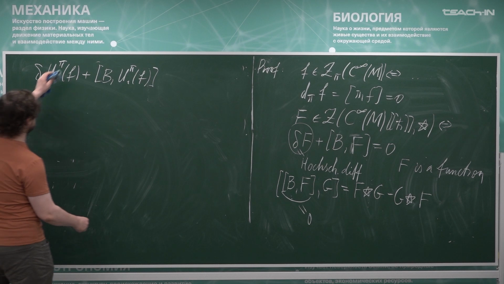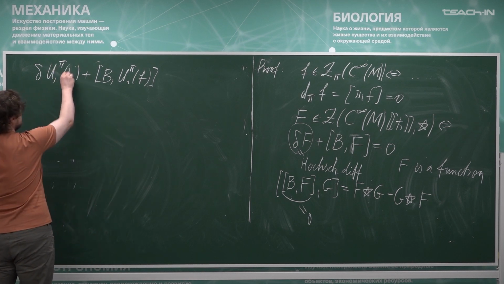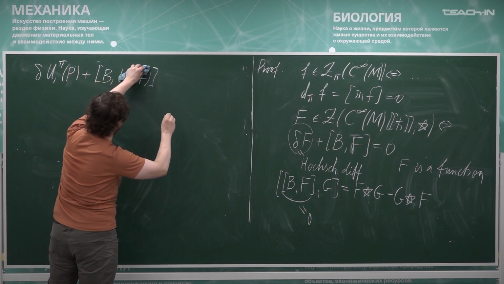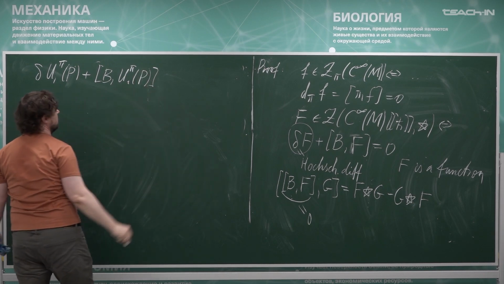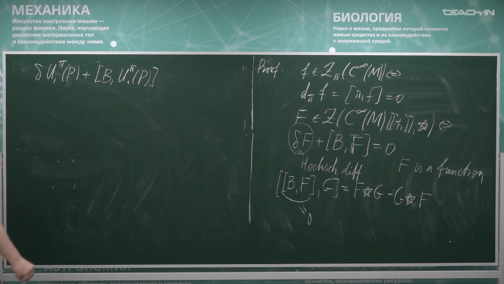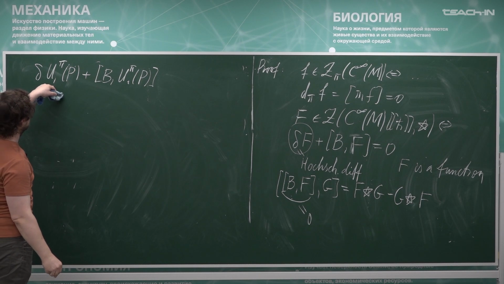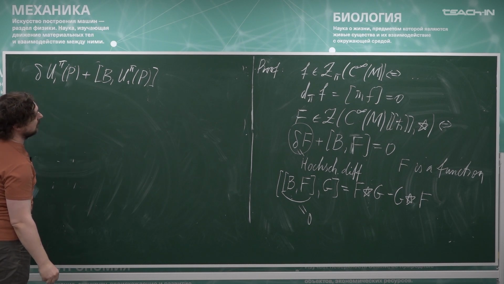In fact, you can actually replace F with an arbitrary polyvector pi p here, right? In that case, the left-hand side will not necessarily disappear.